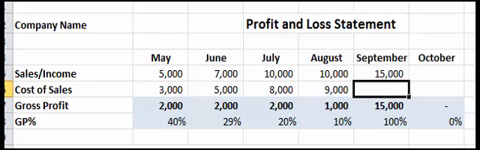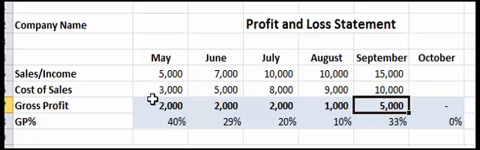So in this case, we'll say that these shoes actually cost us $10,000. So now we've made $5,000 profit, which is 2.5 times that of May, selling only $5,000, and there's a gross profit of 33%.